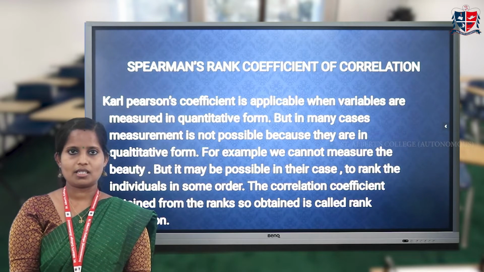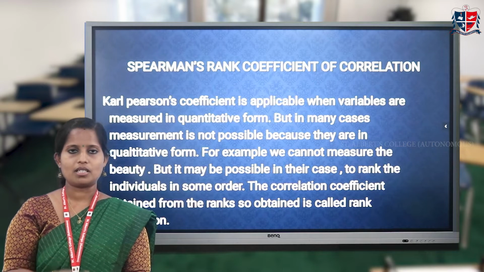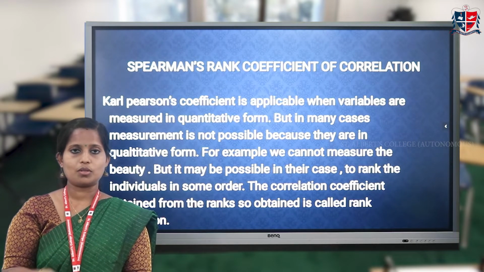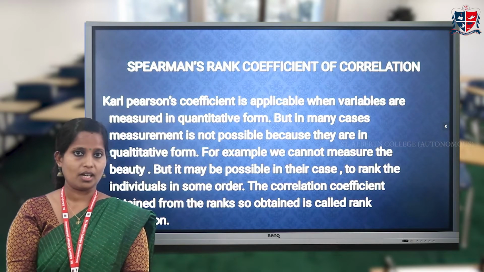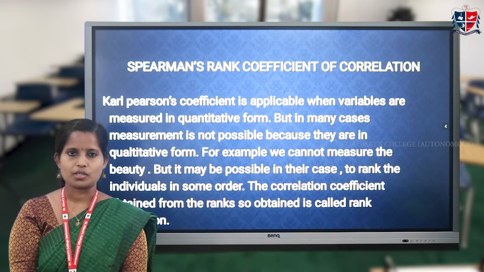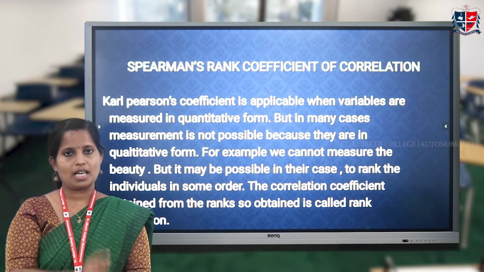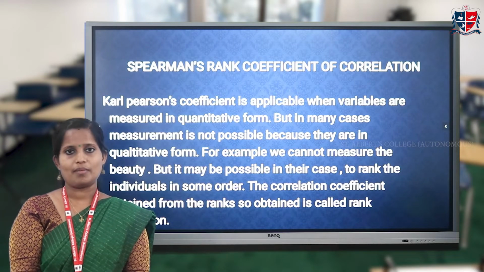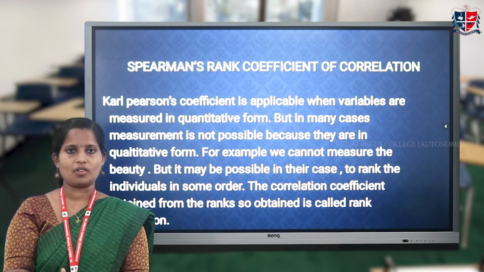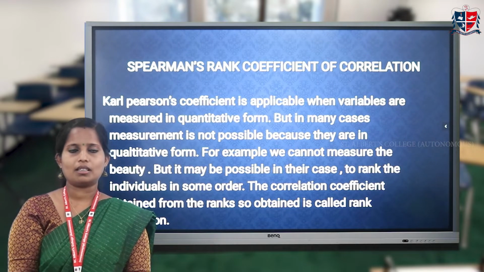But in statistics, the data can be qualitative also. So what happens when we have to find the correlation coefficient between qualitative data? There we use Spearman's rank correlation coefficient. Like the name indicates, Spearman derived a method for finding the correlation coefficient of qualitative data by using ranks.